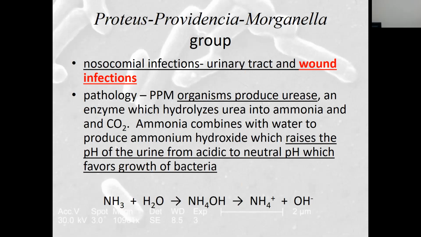It's by producing urease, the enzyme that changes ammonia into ammonium hydroxide. That's what I was trying to say. Ammonia combines with water to produce ammonium hydroxide. Okay, sorry, I was looking at it that way. It didn't make sense.